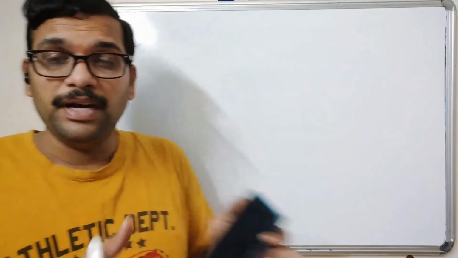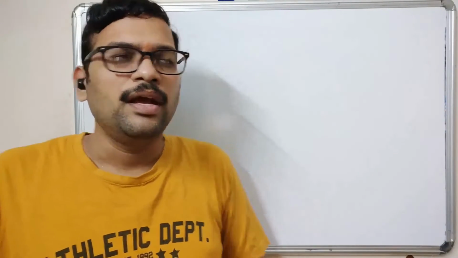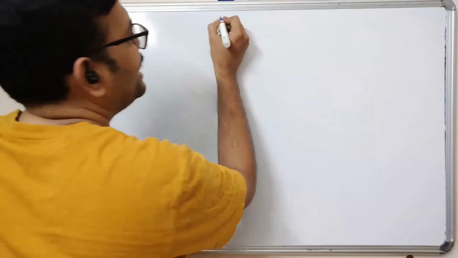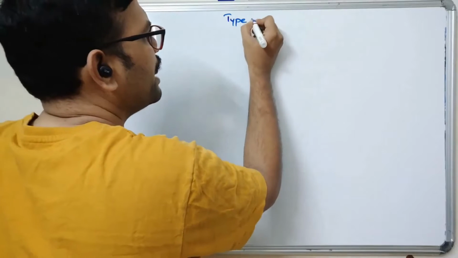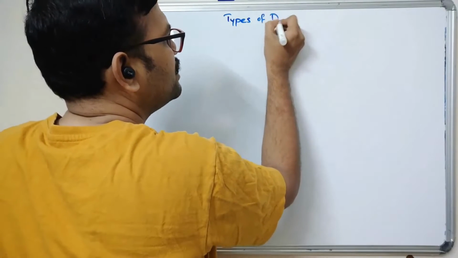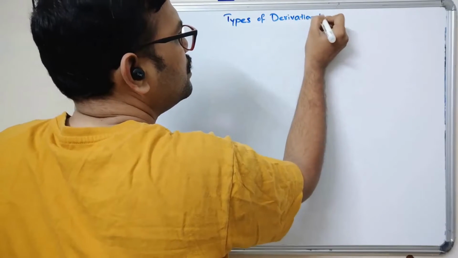The string will be completely made of terminals, and by using the production rules we derive the complete string. Today we will go with the left derivation tree and right derivation tree. So simply I will write it as types of derivation tree.